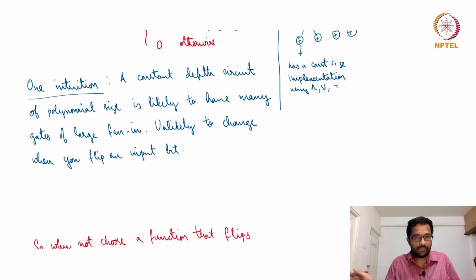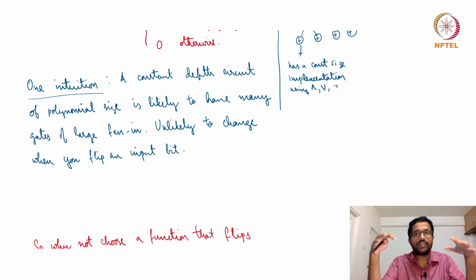Similarly, if you have a huge fan-in AND gate, even one input being 0 fixes the output to 0. If some other input bits flip, the output will not change. So for any input x, for most of the other bits, flipping them is unlikely to change the output.